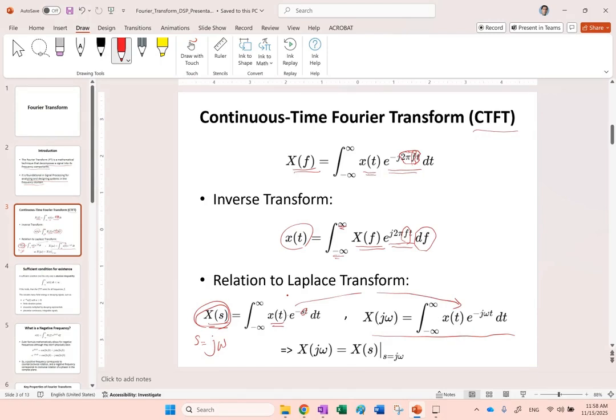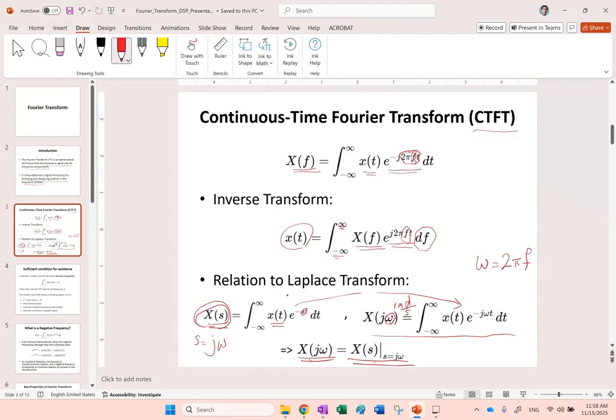So if I put s equal to j omega in the Laplace transform, the answer is what? The Fourier transform. Now you might say these two are not the same thing. They are. The only thing is omega equals 2 pi times f. So this is the Fourier transform in terms of omega, where omega is in radians per second.